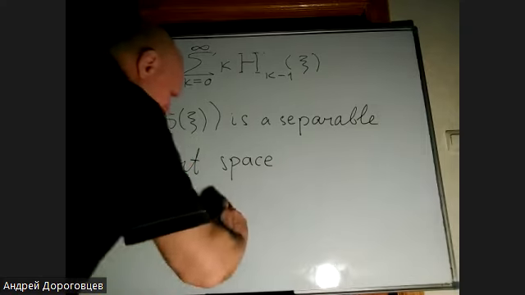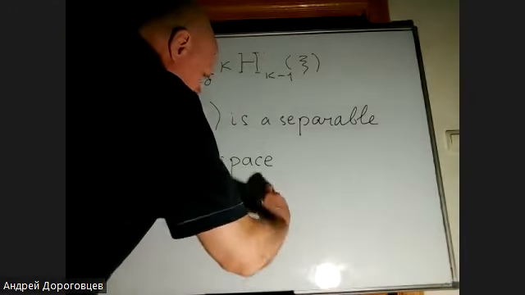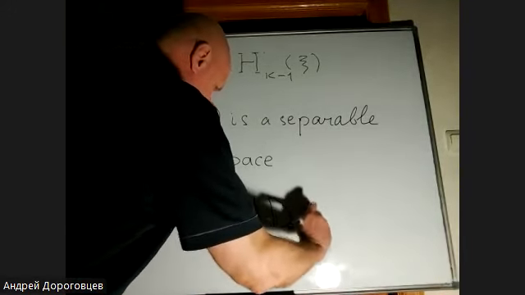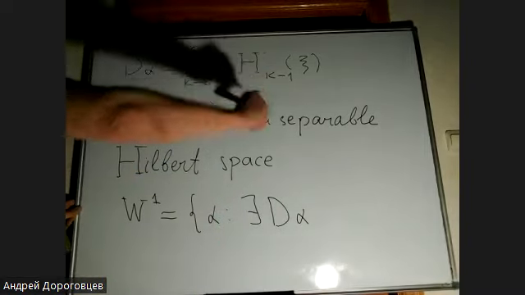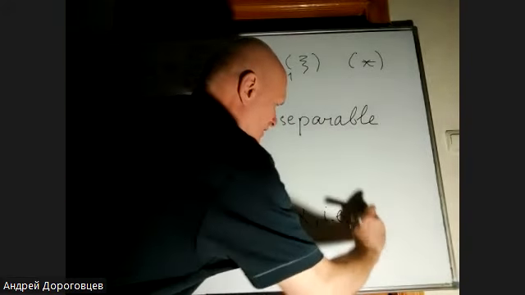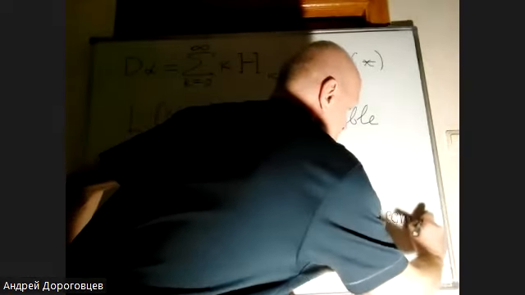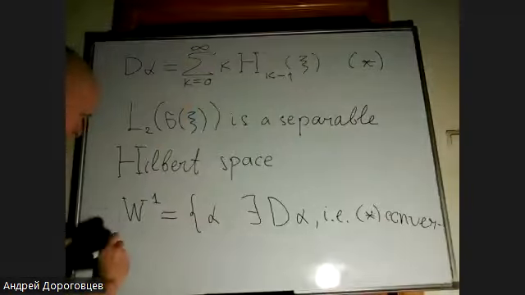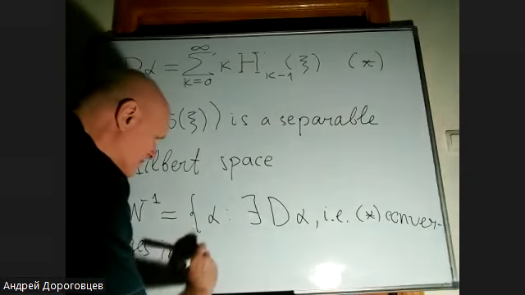Alpha such that there exists D alpha. It means that this series converges. Let me write it. This series converges in mean square.